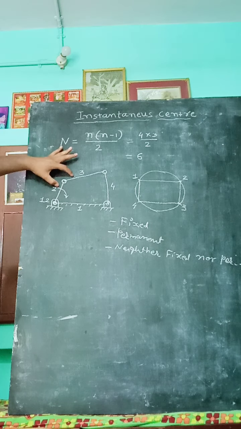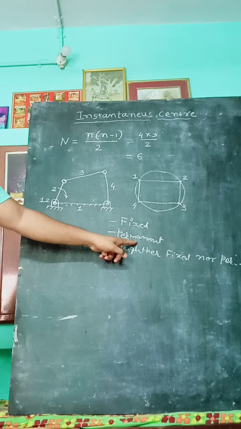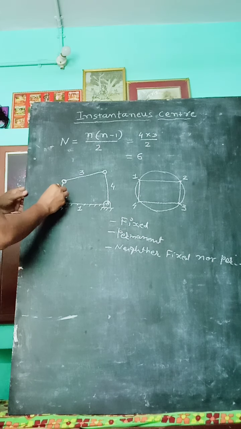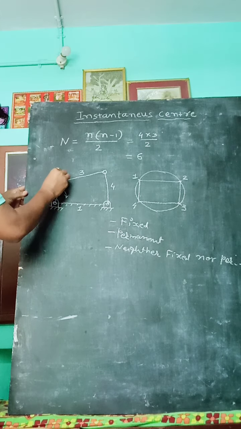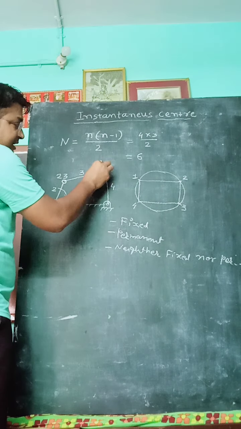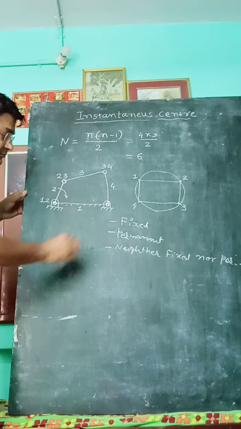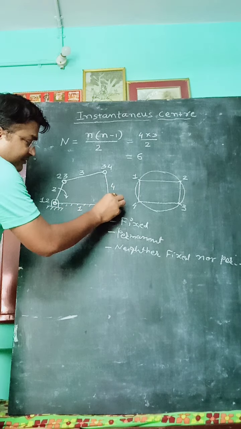So at pin we have permanent instantaneous center, permanent instantaneous center 2, 3. Here it is 3, 4, and here it is 1, 4.